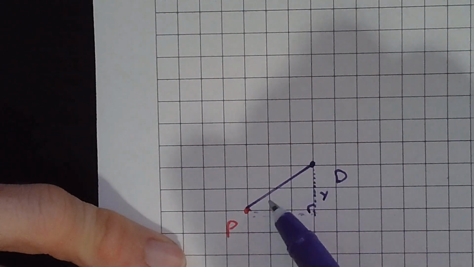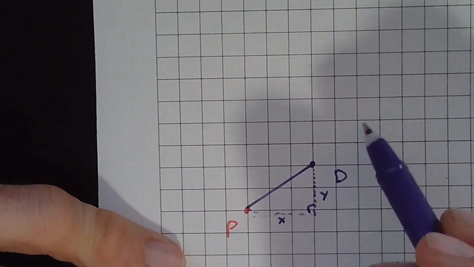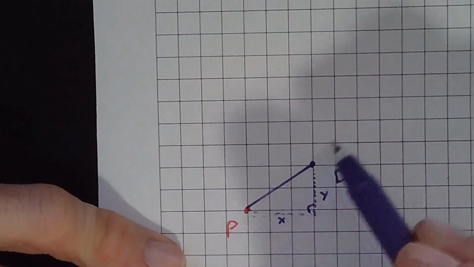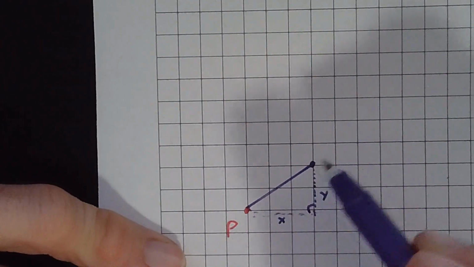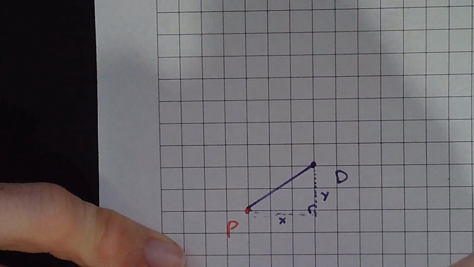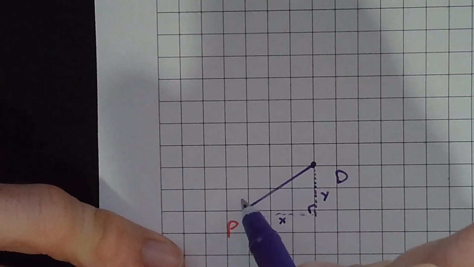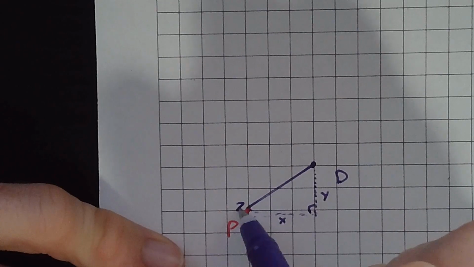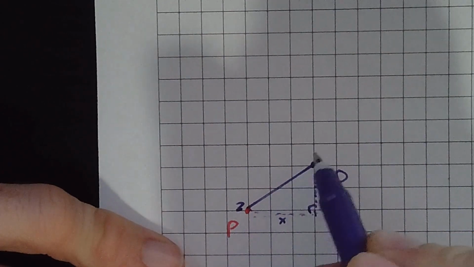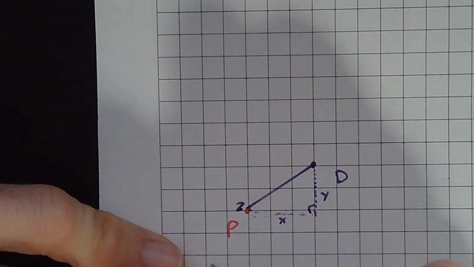And when you have anything on a coordinate plane that's a diagonal like this, it's super easy to figure that out, because if you remember Pythagorean's theorem, say this would be z. I'm just going to say this whole thing is z. That z squared equals x squared plus y squared.